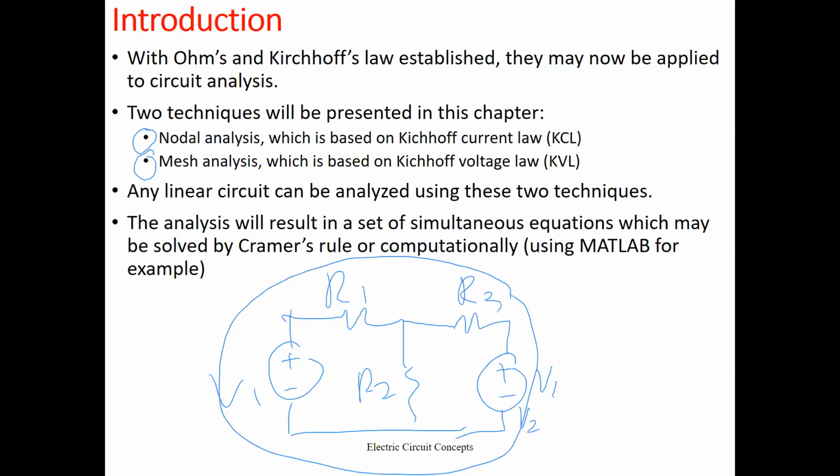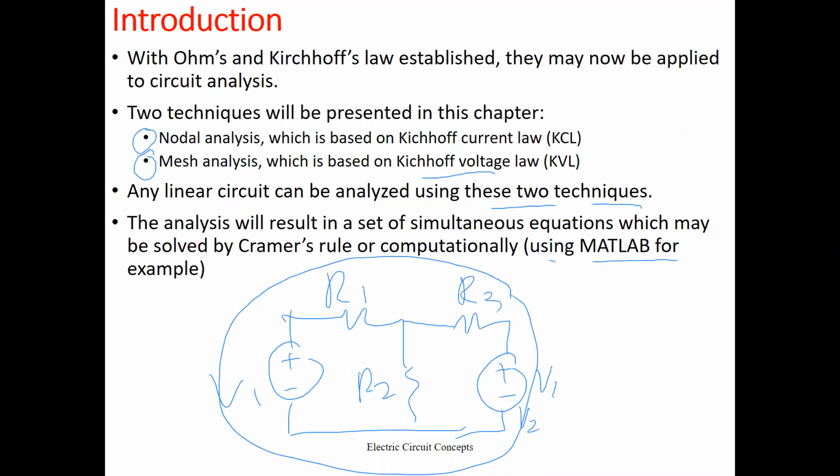Now, nodal analysis is based on Kirchhoff's current law, and mesh analysis is based on Kirchhoff's voltage law. Any linear circuit can be analyzed using these two techniques. The analysis will result in a set of simultaneous equations which may be solved by Cramer's rule or computationally using MATLAB, for example.